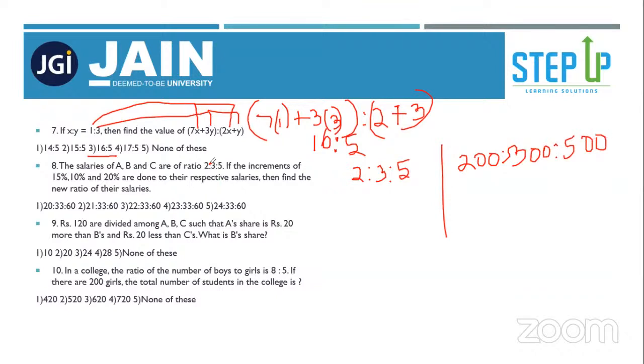So 15% of 2. 10 percentage of 2 is 0.2, 5 percentage is 0.1, then 0.3 to be added. So here it's 30 to be added. Okay, next.